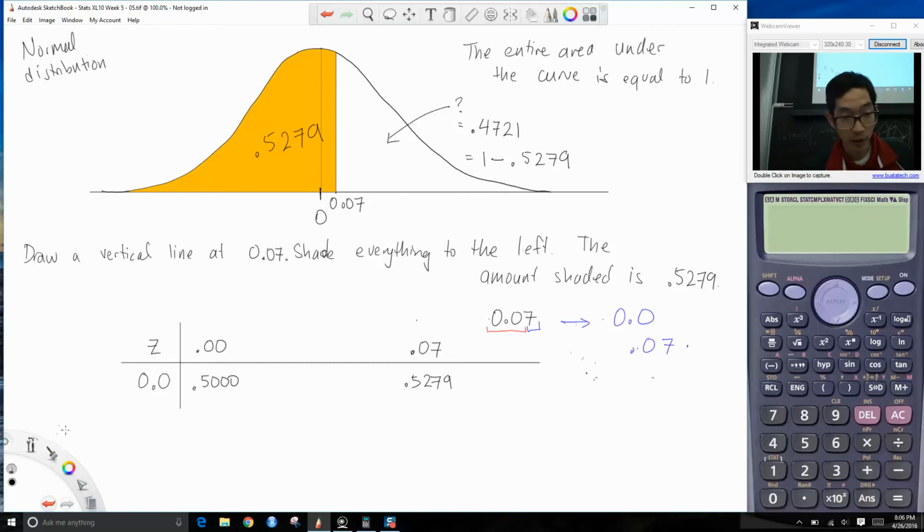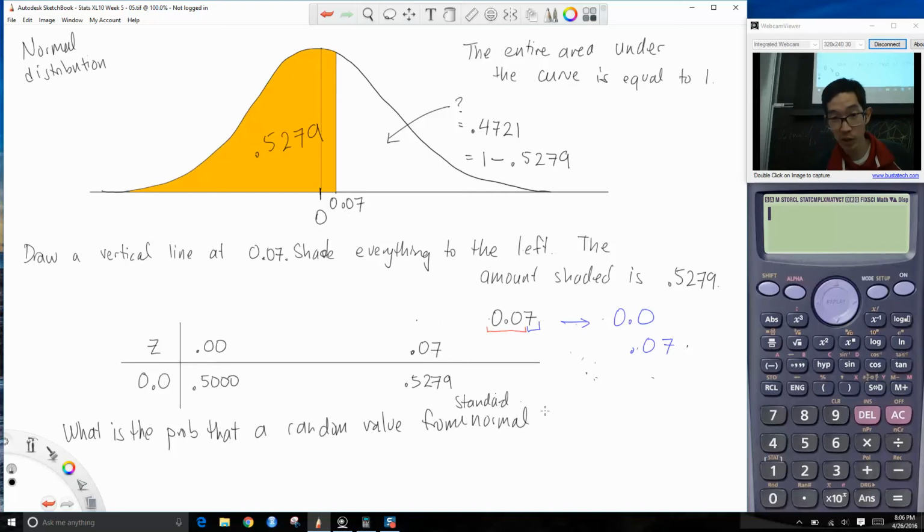What is the probability that a random value from the standard normal distribution is less than 0.07? Our answer is 0.5279.